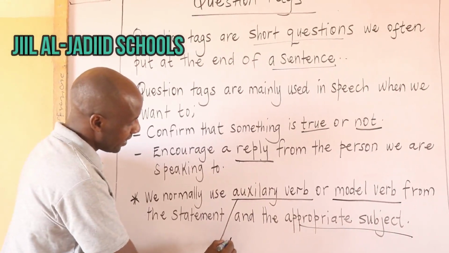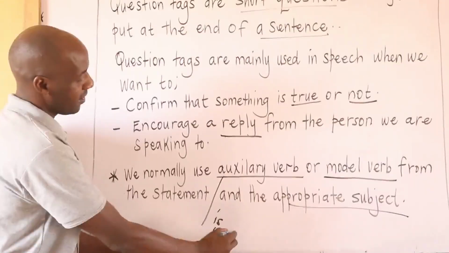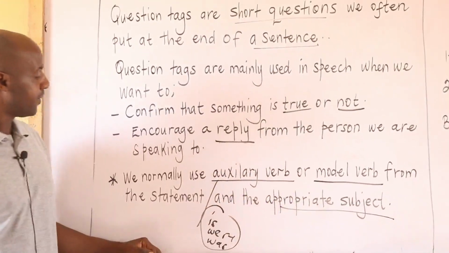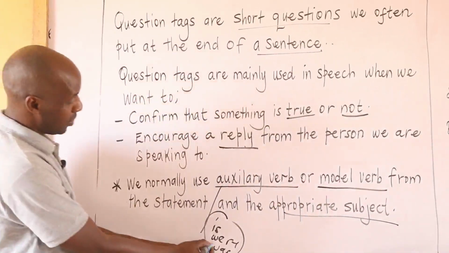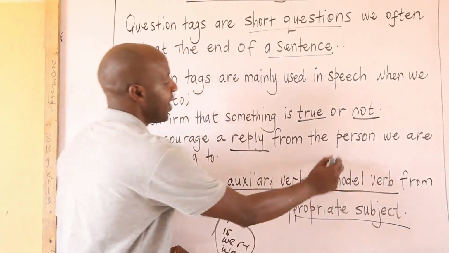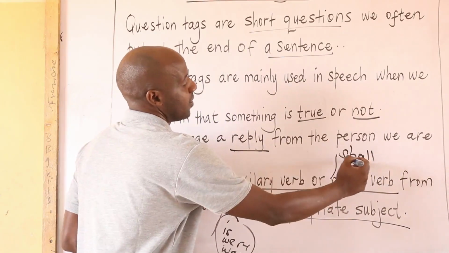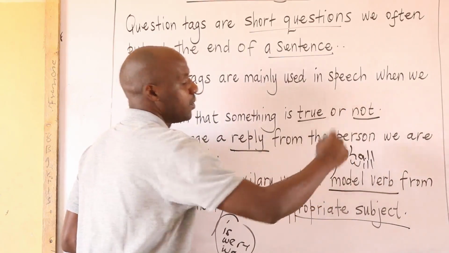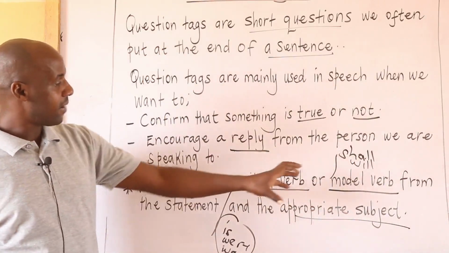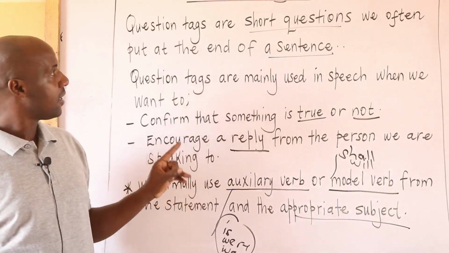Like is, are, was, these are auxiliary verbs. So those are the verbs you begin with when you are making a question tag. Or modal verbs like shall, will, all those are modal verbs. So these are the ones we use when we are making question tags.